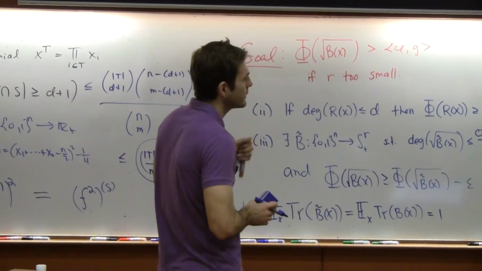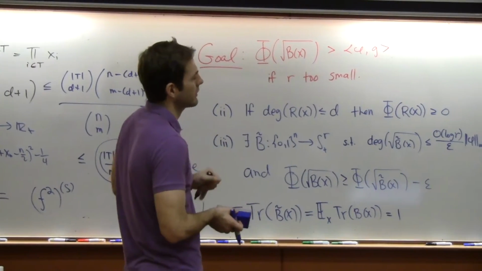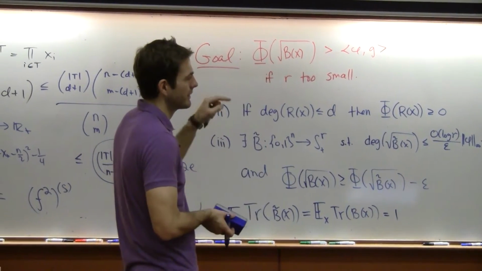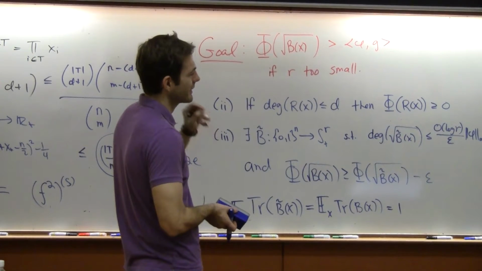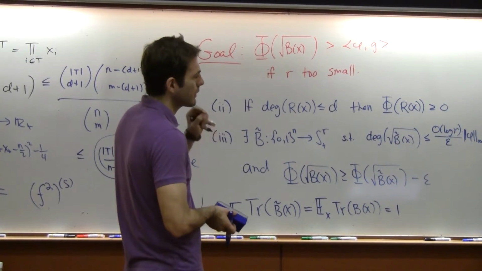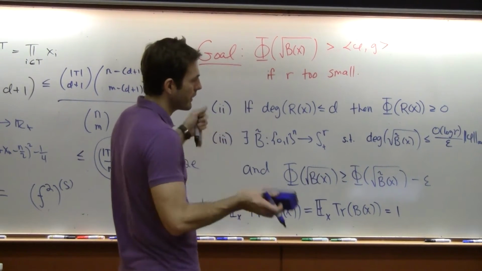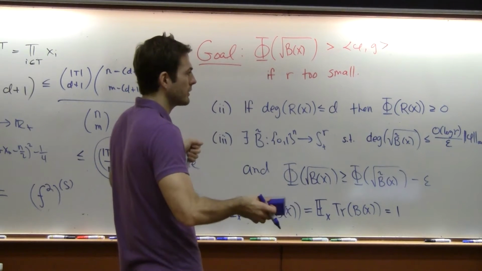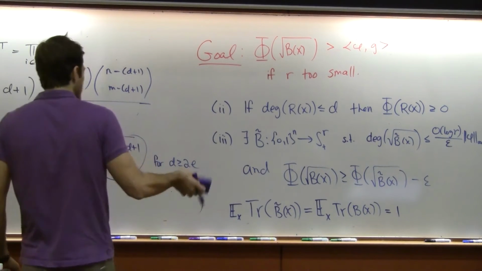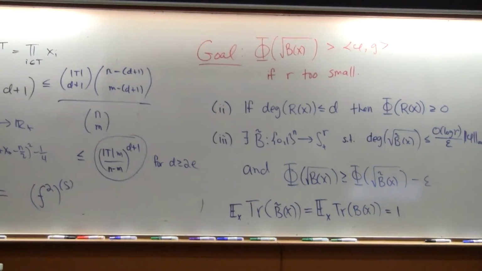The proof is a homework exercise, not maybe a hard exercise, but you really just need to use orthogonality: you write R in the Fourier basis, you use orthogonality of the high degree part and the low degree part, and then you just crunch through, and you get the correct thing.